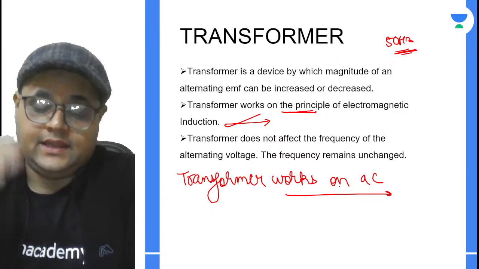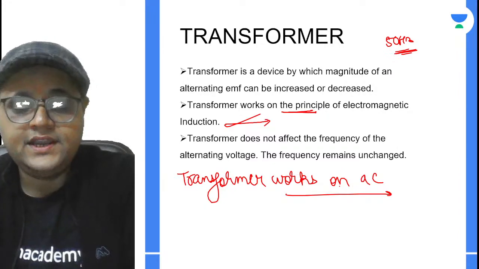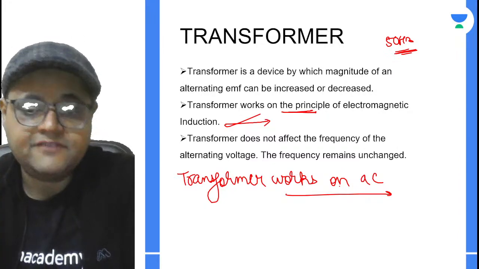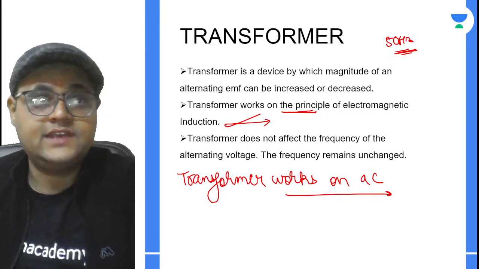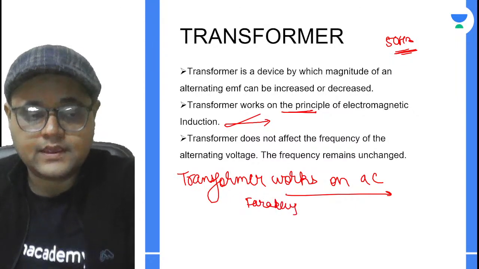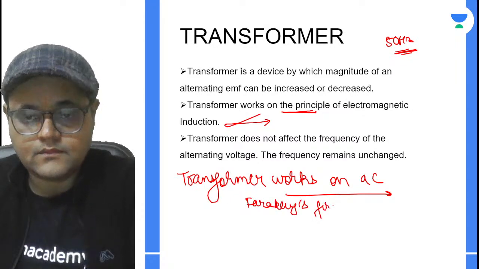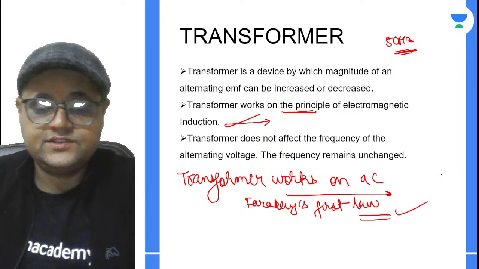The final output is an induced current. For that, there has to be an induced EMF. And for the induced EMF, the flux has to change. How? In accordance with Faraday's first law of electromagnetic induction. What does this law say?